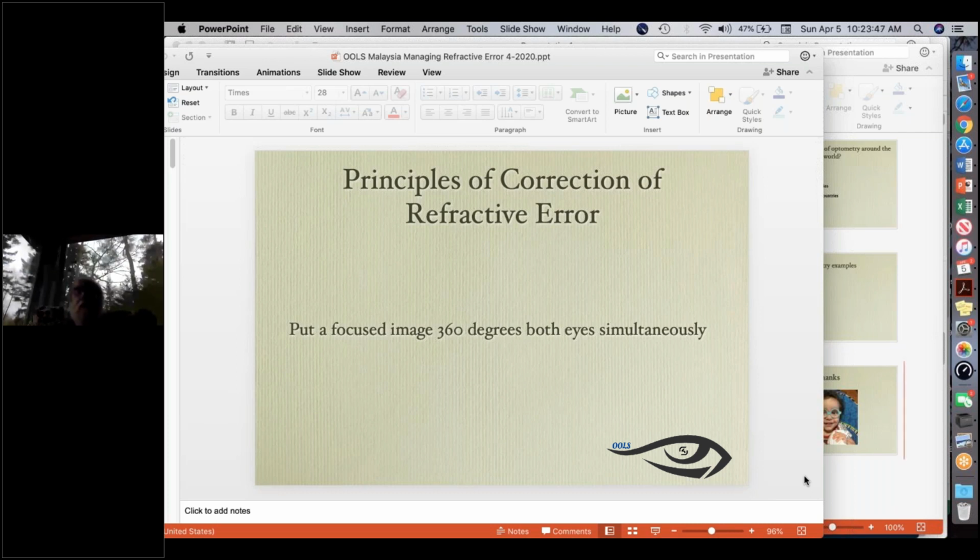People would put a patch on the good eye and leave it on for a long period of time, sometimes all day long, to force the so-called bad eye to get better. Or in Europe, primarily, they would use atropine penalization to blur the good eye. The concept really is the same. You're penalizing the good eye to improve the vision in the poorer eye.